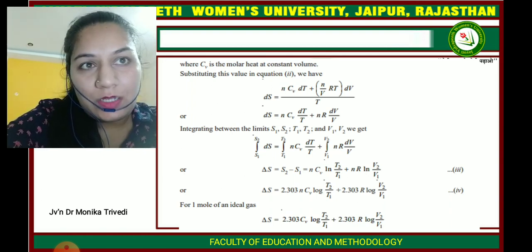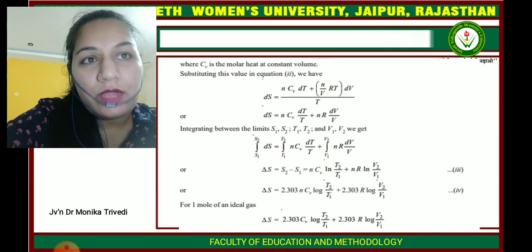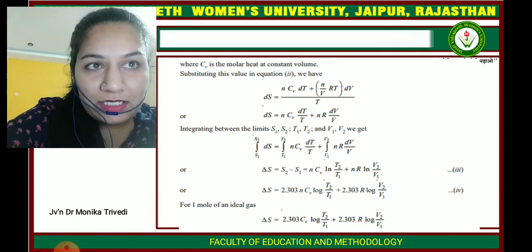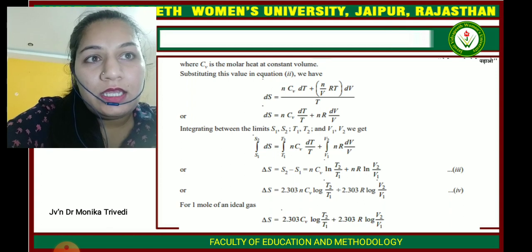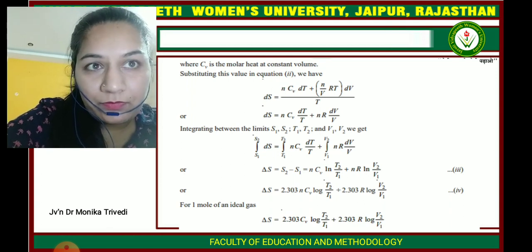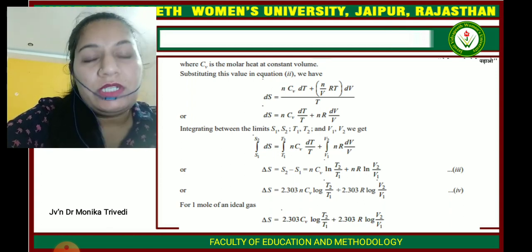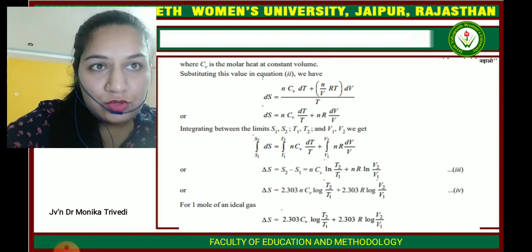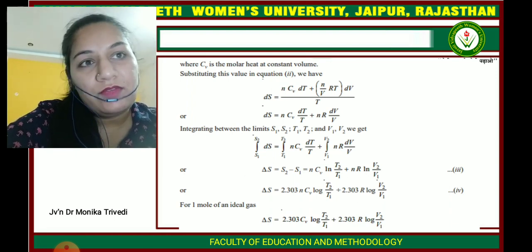If we simplify this equation, we get dS = n Cv dT/T + nR dV/V. Now integrating between limits S1 to S2, T1 to T2 and V1 to V2, what do we get?